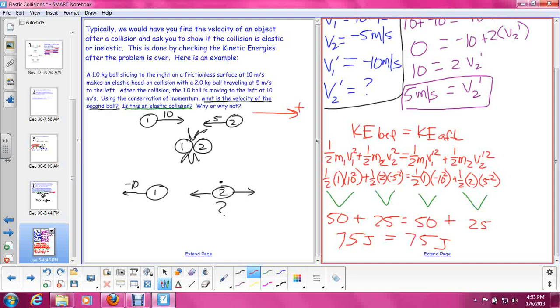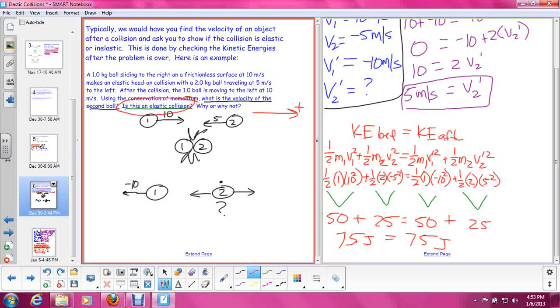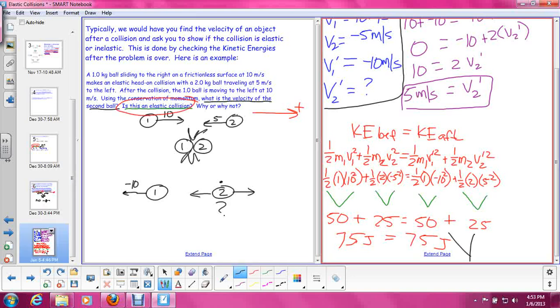Okay, so basically what we have now proven is that the initial kinetic energy equals final kinetic energy. That makes this an elastic collision. So is this an elastic collision? Yes. You should be familiar with this. It's a long problem to do, but it's not that difficult.